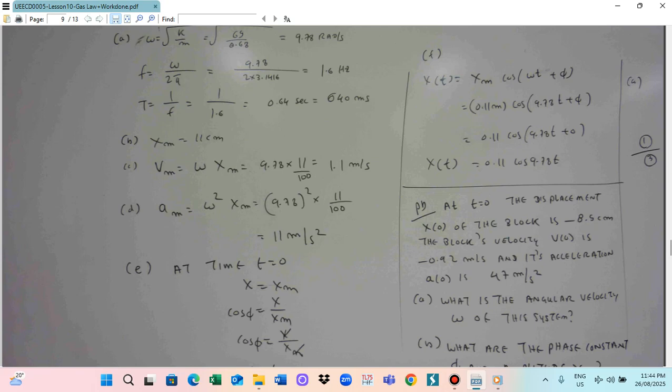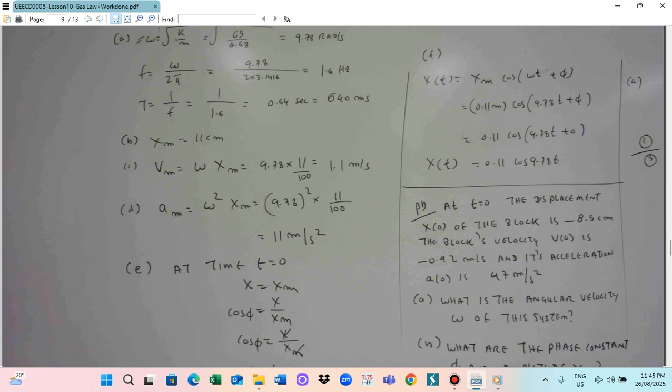Omega square is 9.78 squared, multiplied by hm, which is 11 centimeter, so 11 divided by 100, 0.11 meter. So therefore am is equal to 11 meter per second square. So this is the answer for D.